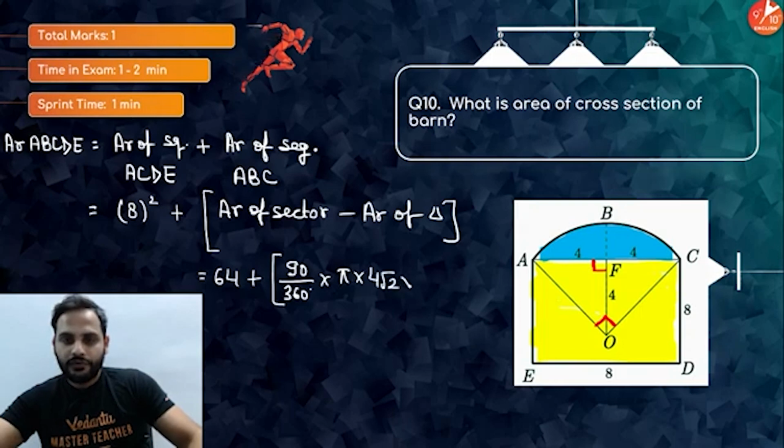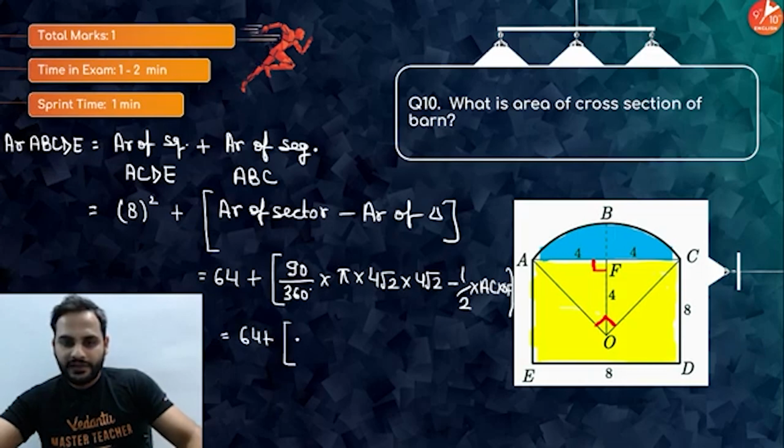So 4 root 2 into 4 root 2 minus area of triangle. अब देखो, if I take AC as my base, OF will be height. So half into base into height. So it will be 64 plus 90 by 360 is 1 upon 4 into 22 by 7 into 4 root 2 into 4 root 2.